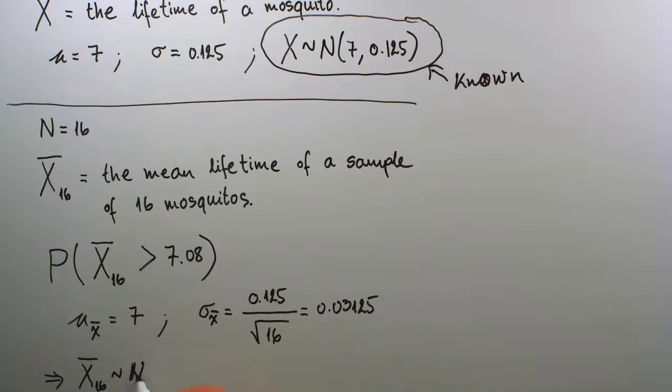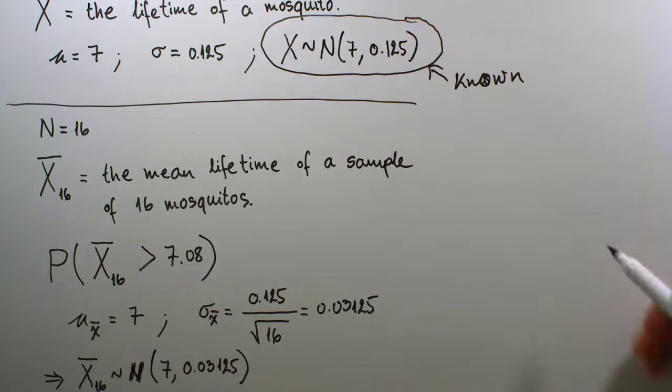So capital X bar 16 is normally distributed, N(7, 0.03125). That's what the capital N is for: normally distributed. We can put all of these sample mean values on a bell curve with center at 7 and sigma 0.03125. And that means we can now draw a bell curve.